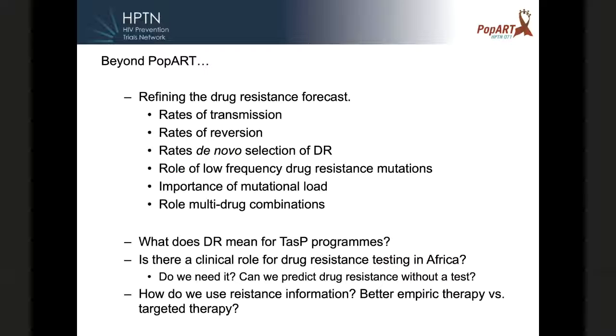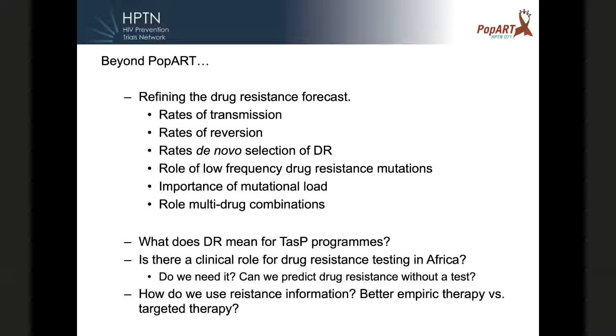And I think to do that, it'll be good to dissociate the effects of transmitted drug resistance versus de novo acquisition of new mutations within individuals. And to do that, we're going to have to get to grips with the rates of transmission of drug-resistant virus and rates of reversion of mutations, and also the rates of selection of new drug-resistant mutations.